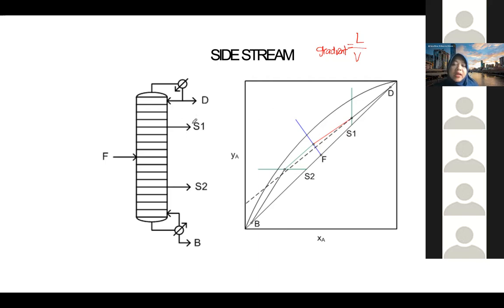I want to get maybe 20% of the product of this tray. So for example, this is tray 1, 2, 3, and 4. Let's say I want to withdraw some of the liquid in tray 1, or some of the vapor in tray 1. So if you draw the liquid, we draw for example 20%.